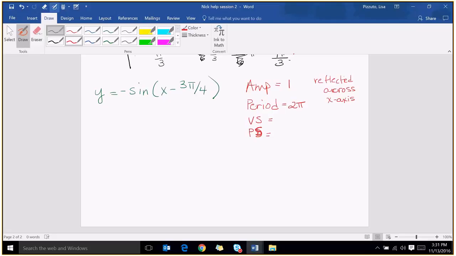So 2 pi over 1 is simply 2 pi. Vertical shift. Is the vertical shift 3 pi over 4? That's not the end of the problem. So this is really like saying plus 0. Okay, so no vertical shift. Right. There's none.